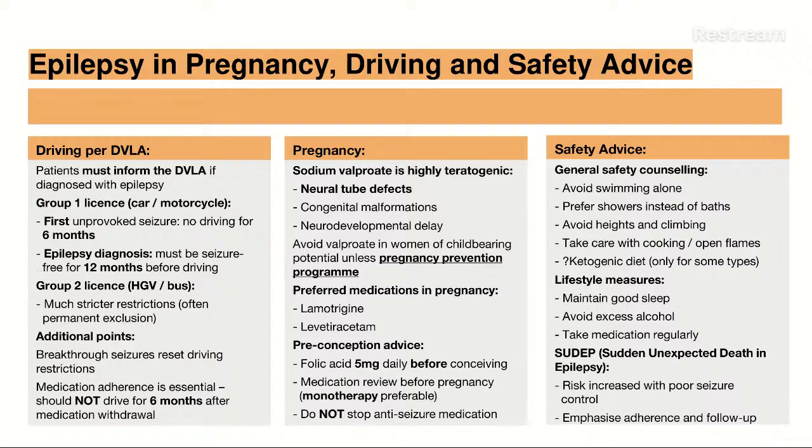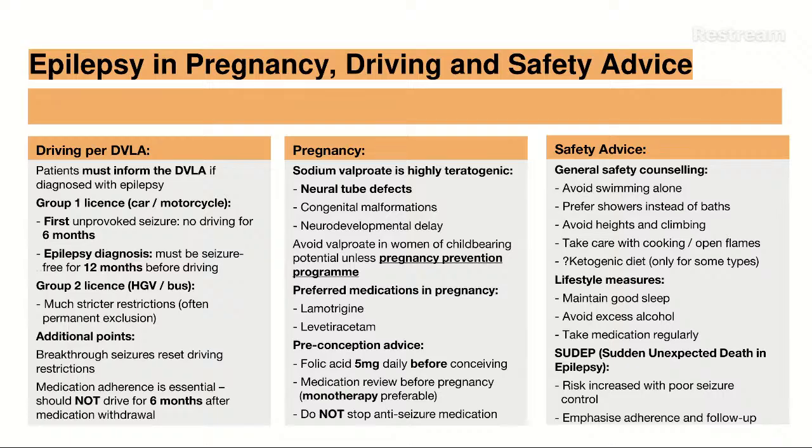Pregnancy wise, the preferred medications are lamotrigine and levetiracetam. Sodium valproate is highly teratogenic. It can cause neural tube defects, other congenital malformations, and neurodevelopmental delay. And it should be avoided, like I mentioned earlier, unless a woman of childbearing age is on the pregnancy prevention program.